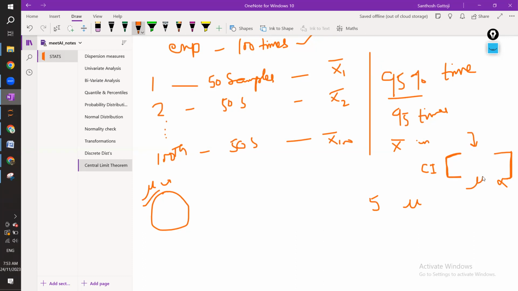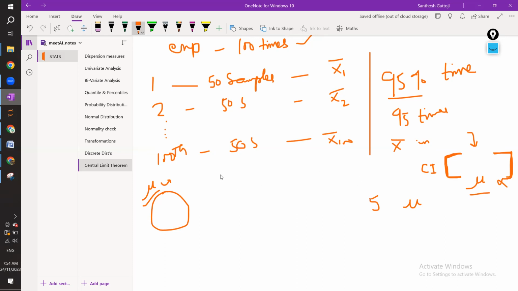So there is a 5% chance of failure that even though you have this confidence interval, your mu will not be captured in it. That means what, guys? Are you trying to understand this? Mu is always the same.